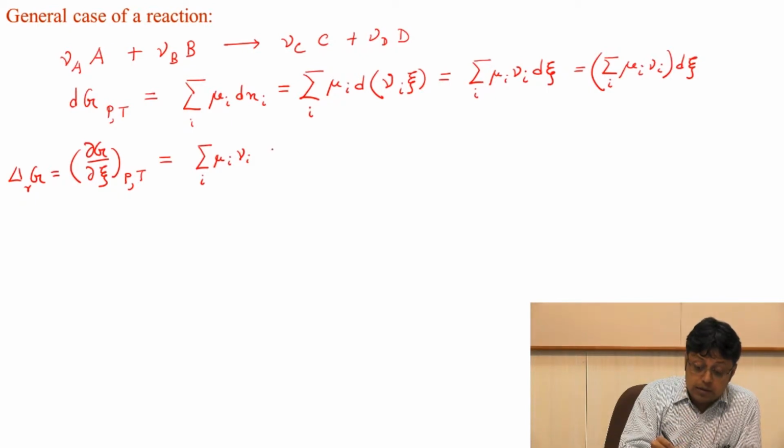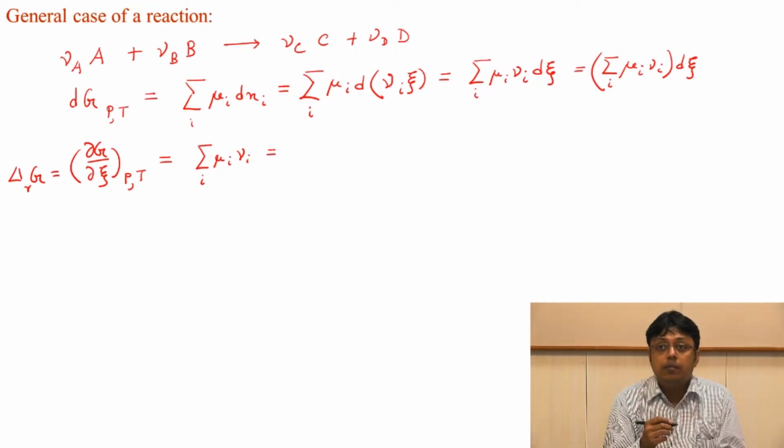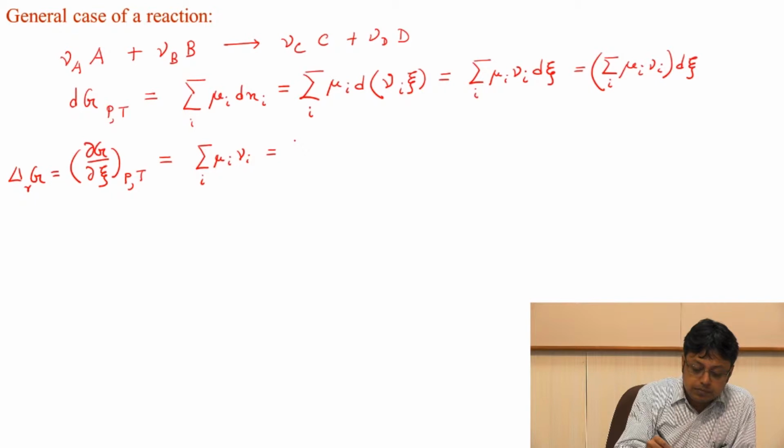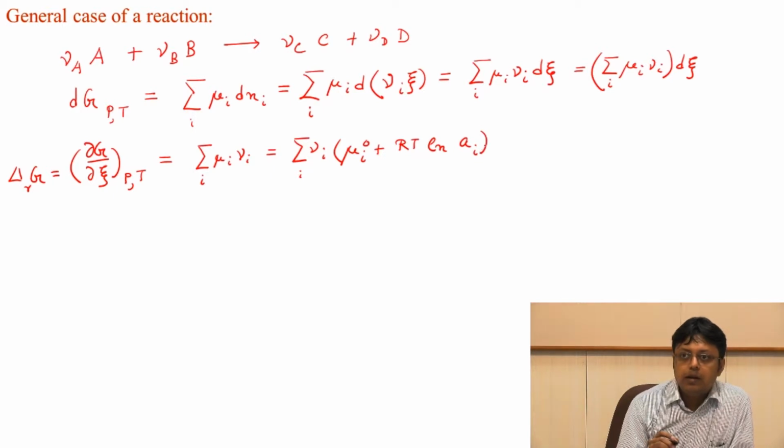And we already know what mu i is. Mu i is nothing but mu i 0 plus RT ln activity of that species. So I'm writing the nu i term at the beginning, and then mu i 0 plus RT ln activity of i.